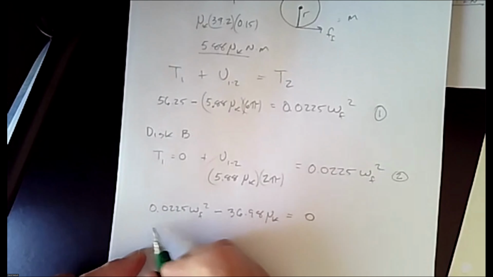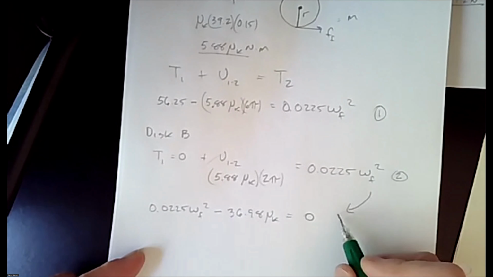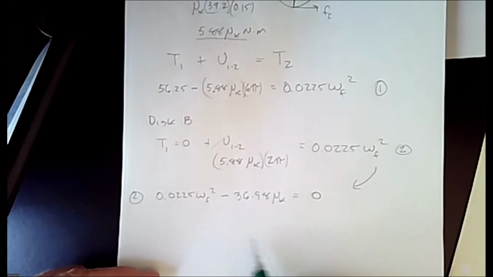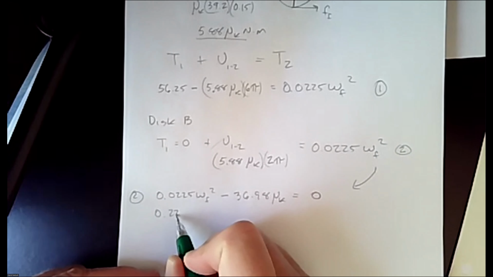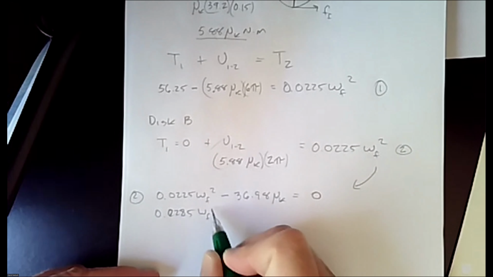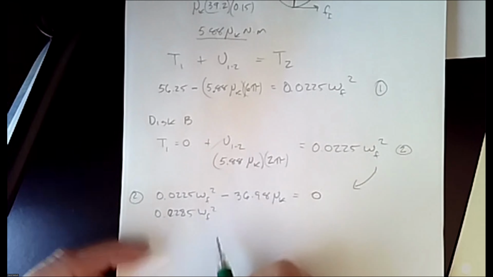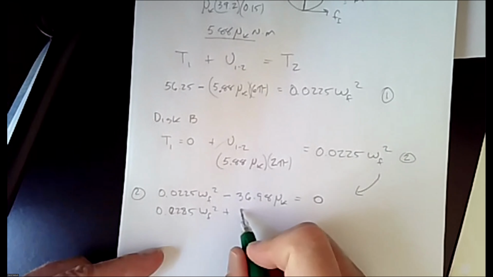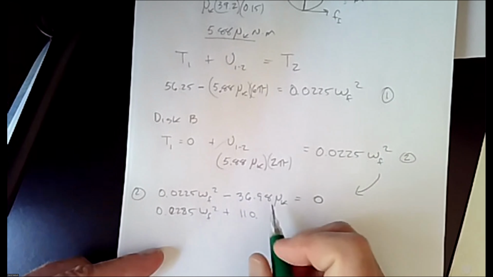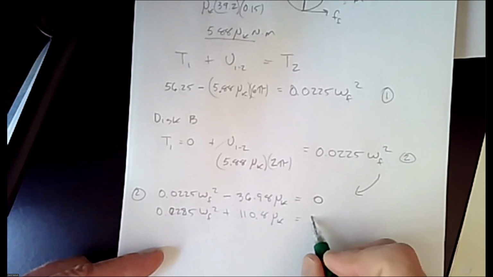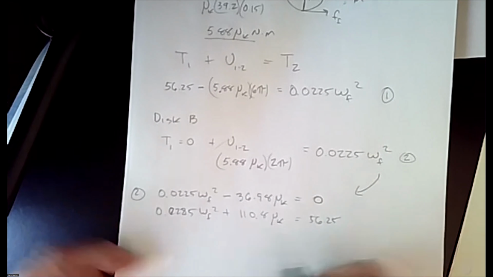And that is equation 2. And then if we rewrote equation 1, we'd have 0.0225 omega final squared plus 110.8 mu k equals 56.25.